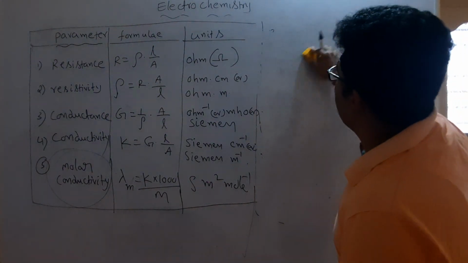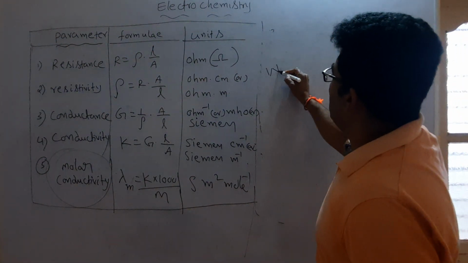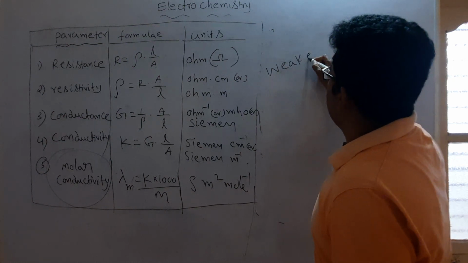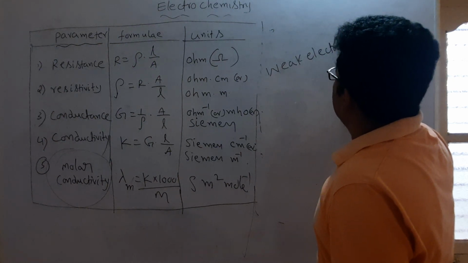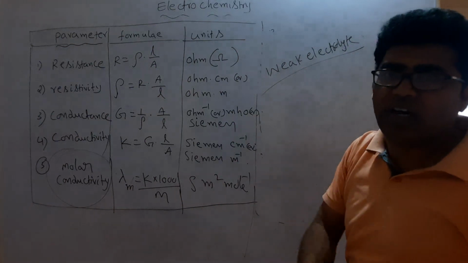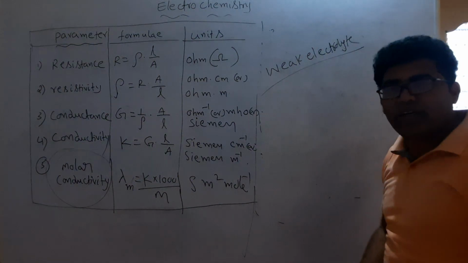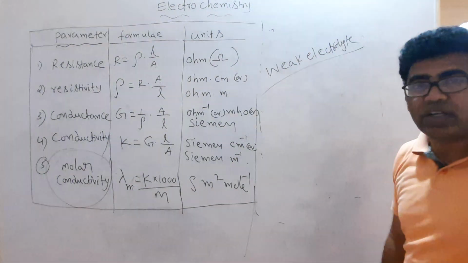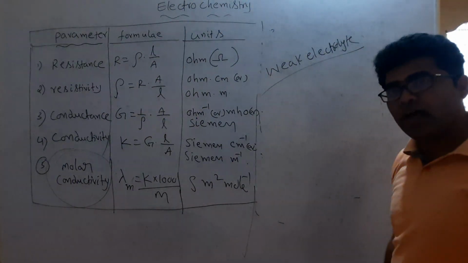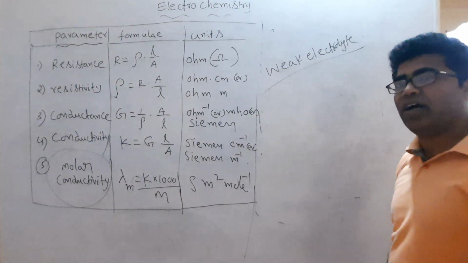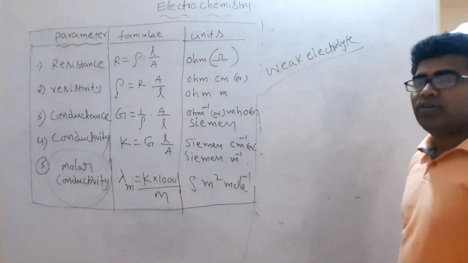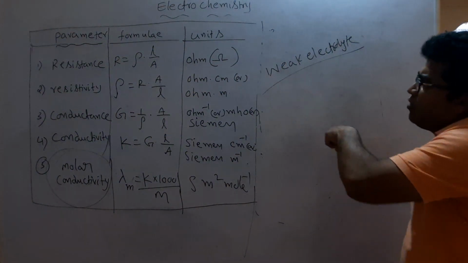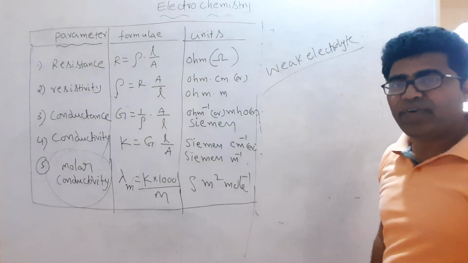Suppose you take a weak electrolyte, which undergoes partial ionization. Then it is impossible to determine the molar conductivity of a weak electrolyte at infinite dilution.